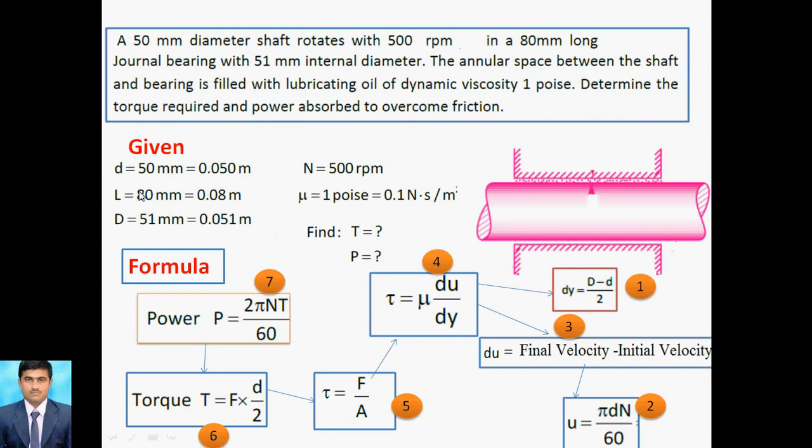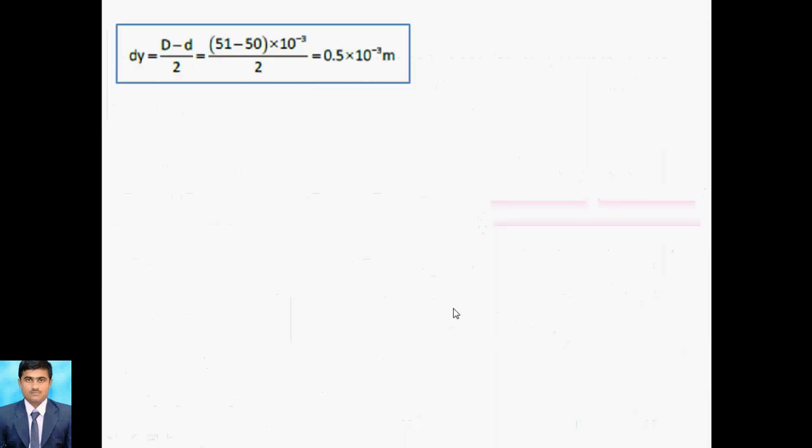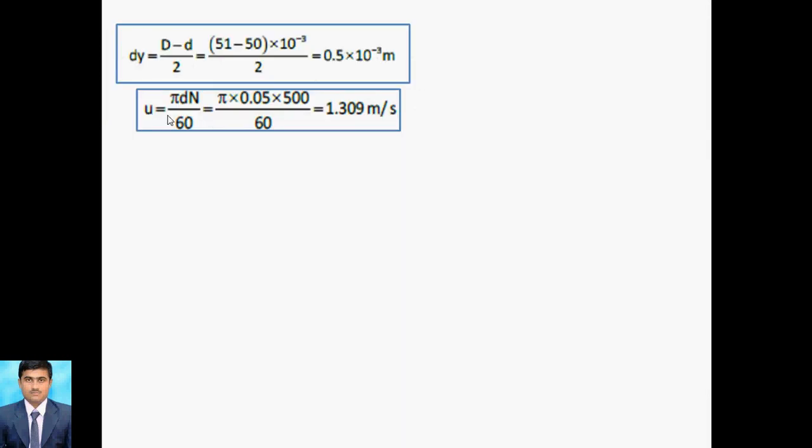D is known to you, that is 50 mm. Capital N is the speed, that is 500. So u is equal to pi D N by 60, which is 1.309 meter per second.